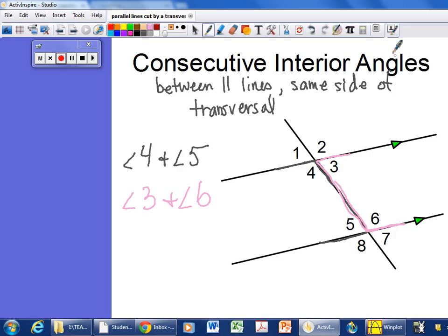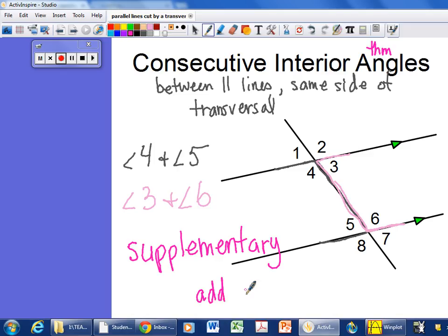Okay, and the theorem, consecutive interior angle theorem, says that if parallel lines are cut by a transversal, then consecutive interior angles are supplementary. Okay, they add up to 180. That's what it means to be supplementary. Add to 180.